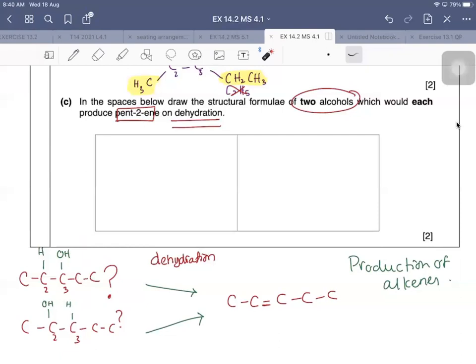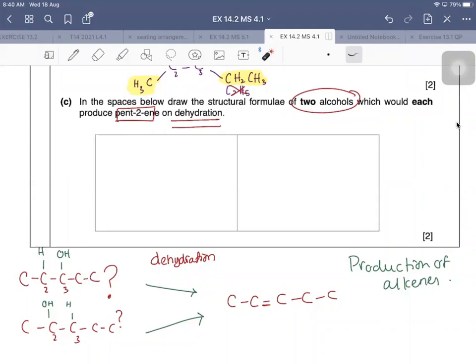Same thing for the second molecule. You also lose OH on the second carbon and hydrogen on the third carbon. All right. Question is, are these two alcohols the same or different?